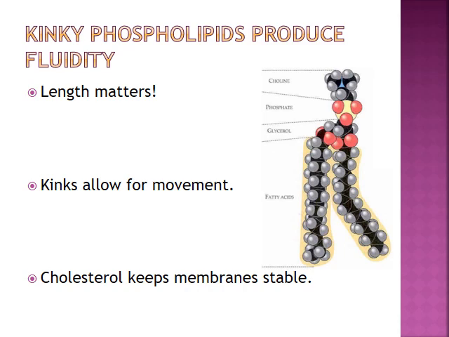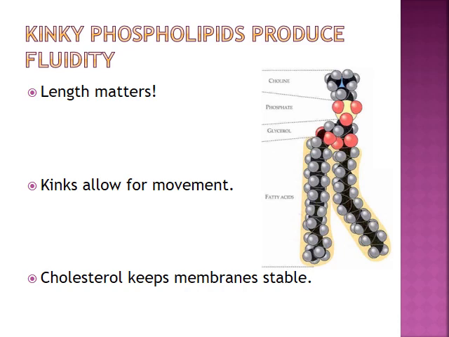So the longer the tails, the longer those connections, the more fluidity there is, the more motion there is. The kinkier a phospholipid is, the more fluid you have. Where that kink is, that bend, that's where you're going to have the more fluid.